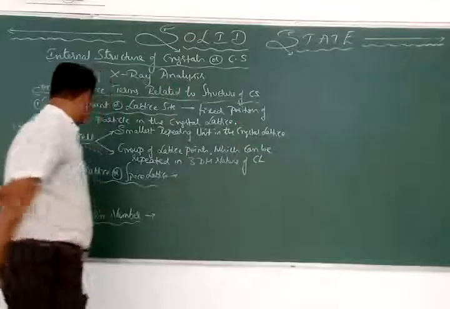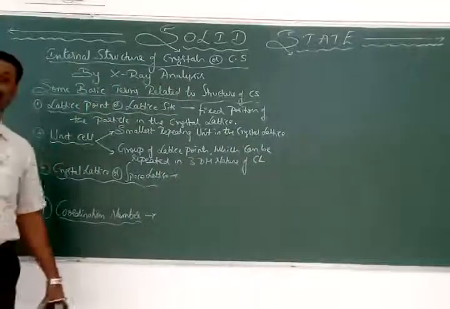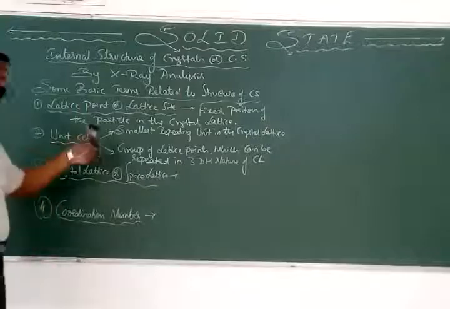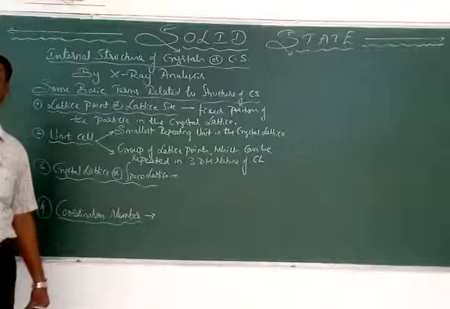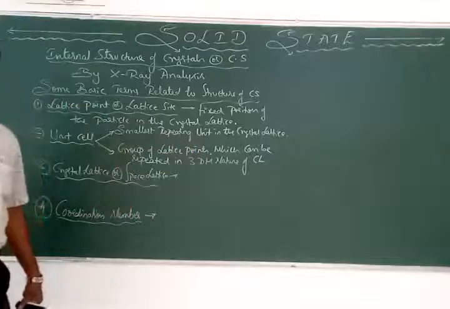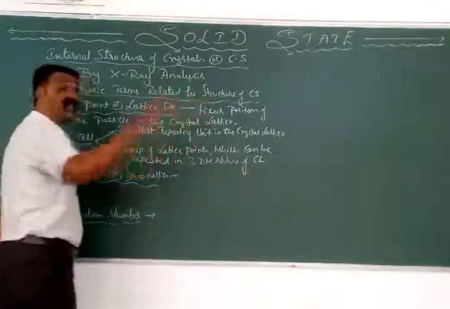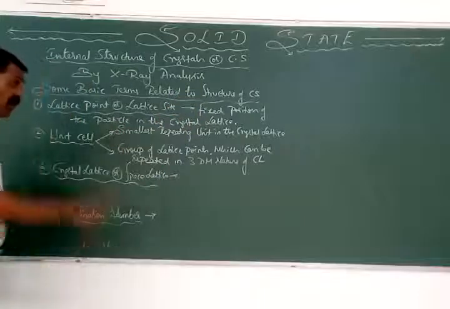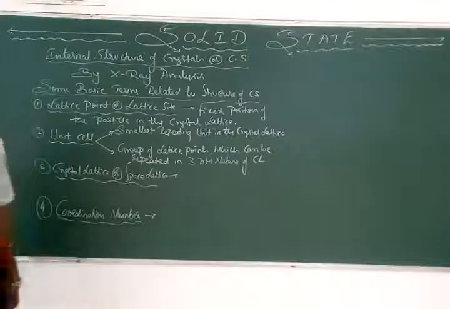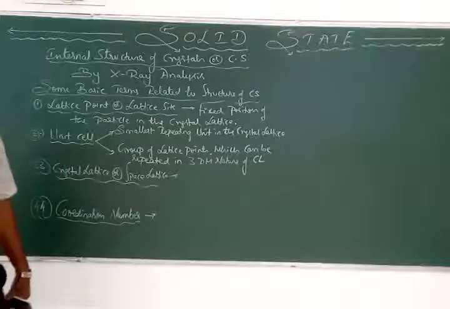That is also a unit cell. We can have the two definitions. The smallest repeating unit in the crystal lattice is simply called the unit cell. But how is that smallest repeating unit obtained? It is by the group of lattice points. What is a lattice point here? It is a fixed position which can be repeated in all three possible directions. That is the three-dimensional nature of the crystal lattice.